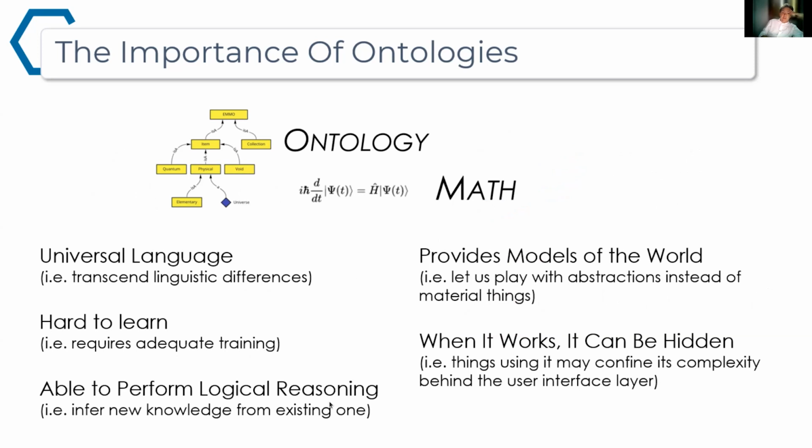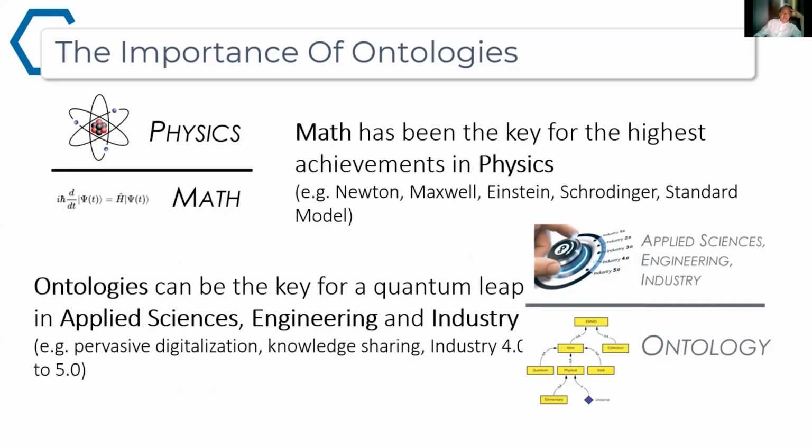Both are able to perform logical reasoning. They both provide models for the world, and when they work, they can be hidden. So an ontology is not intended to be exposed to the final user. It's a tool to build something that works and provides us functionality.